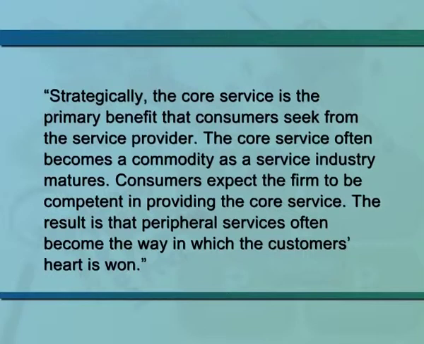Consumers expect the firm to be competent in providing the core services. The result is that peripheral services often become the way in which consumers' heart is won. The formulation of a product mix becomes an important task for marketing the tourism services profitably.